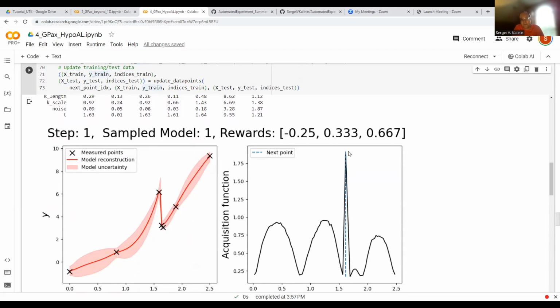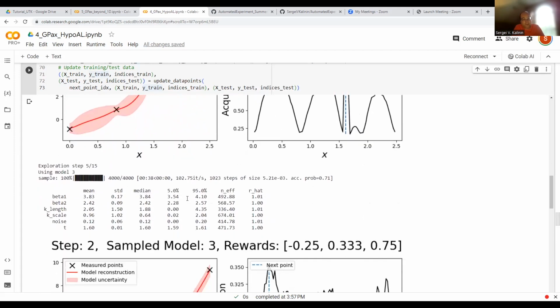Our next measurement point is selected to be here, meaning it wants to find out the position of the jump in the best way possible. But at the same time, notice that the acquisition function, which in this case is the expected uncertainty, suggests that we have high uncertainty here, high uncertainty here, and high uncertainty here.